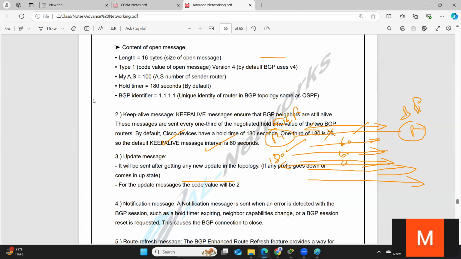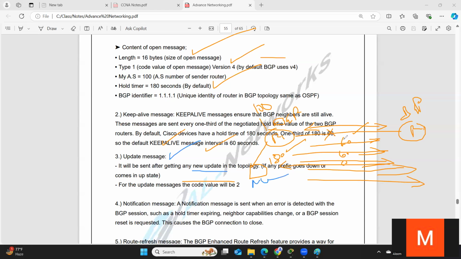Once they form the neighborship, if this router has 100 prefixes, they will share that information: how many prefixes there are, which version they are using, the length size, the hold on timer, and the entire prefix information. If any new prefix is added, they will share it in the update message, as a new kind of update.